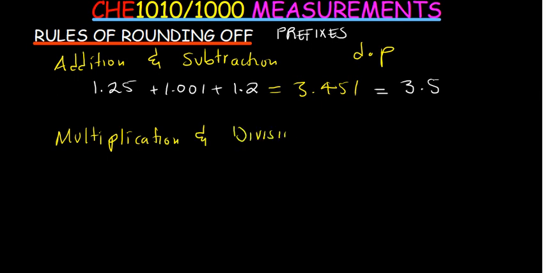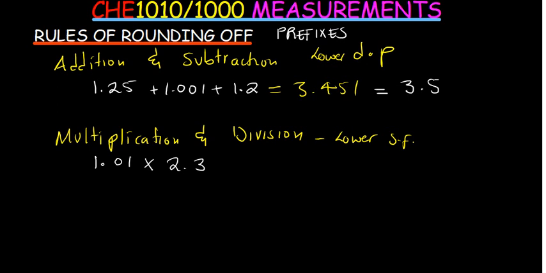All right. When it comes to multiplication and division, you look at the lowest significant figures, whereas for addition and subtraction we look at the lower decimal place. Let's say we are multiplying 1.01 times 2.3.